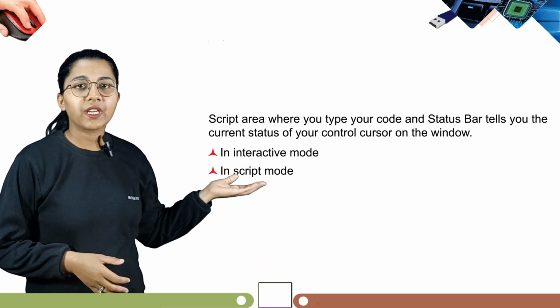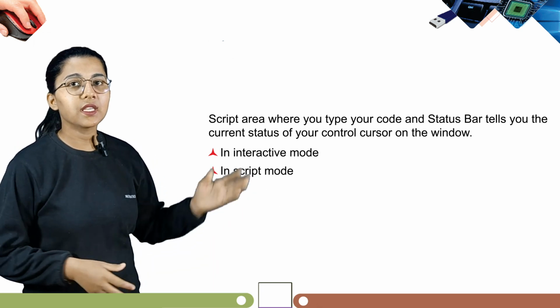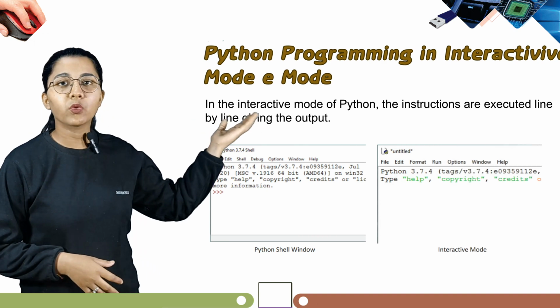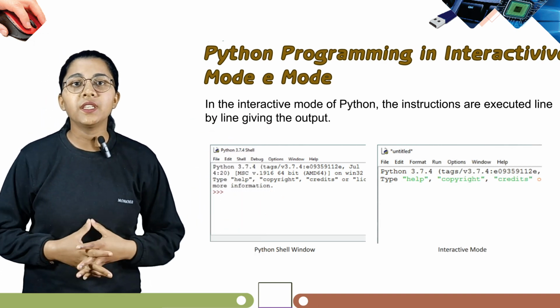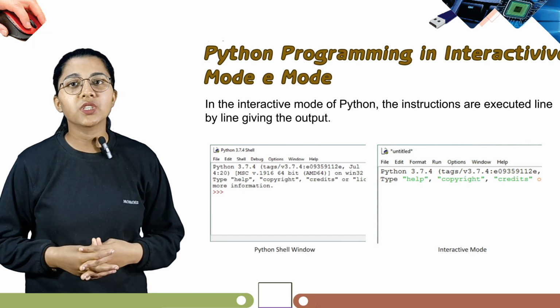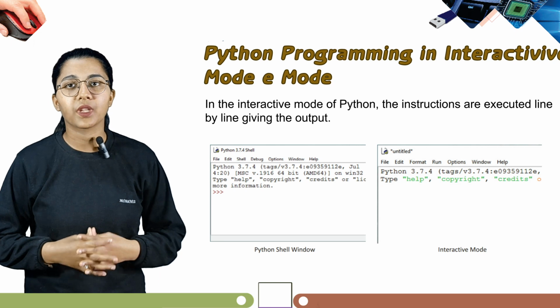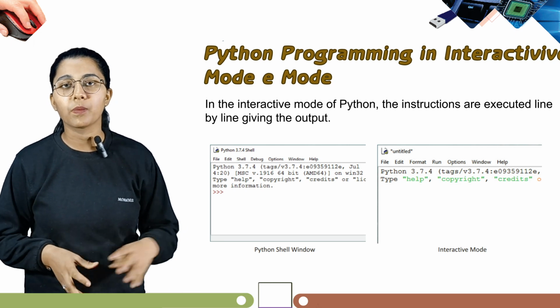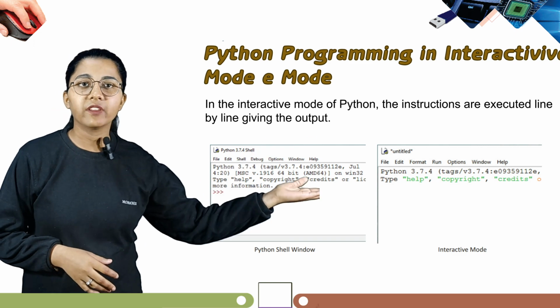Python has two modes: first, interactive mode, and second, script mode. Now let's discuss Python programming in interactive mode. In the interactive mode of Python, the instructions are executed line by line, giving the output. Here you can see the interface of the Python shell window in interactive mode.